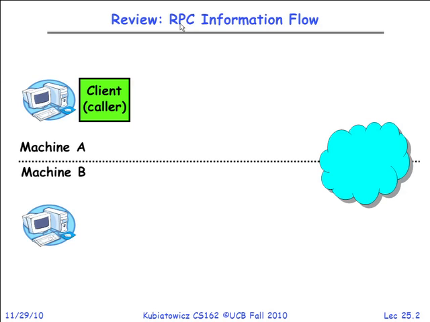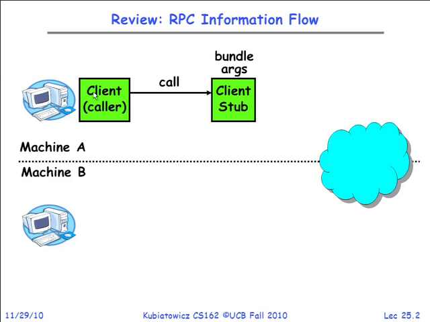Basically, the client software calls the procedure, which calls into a stub. If you recall, the stub is created automatically by a compiler that produces the same sort of argument API that you would have for a local procedure, but instead it's a stub.